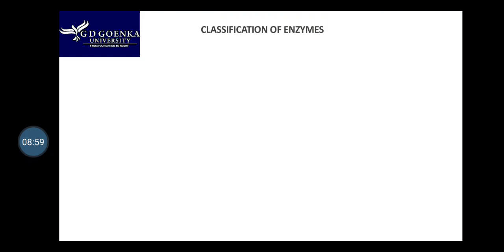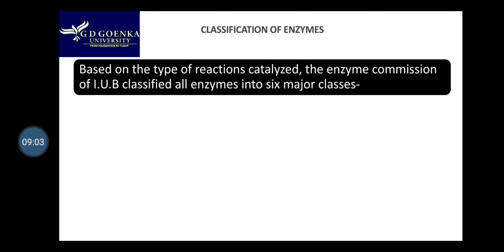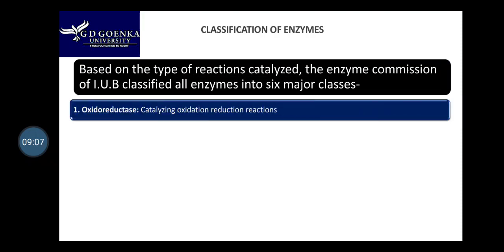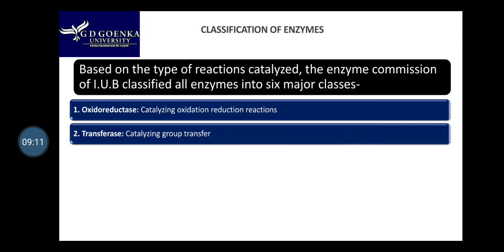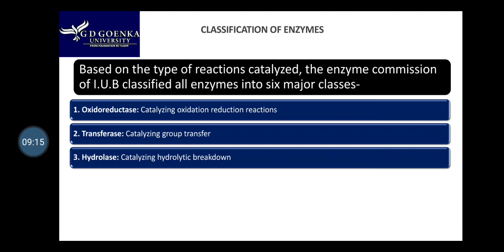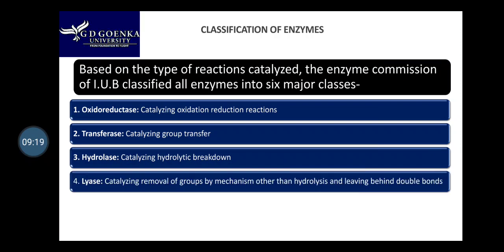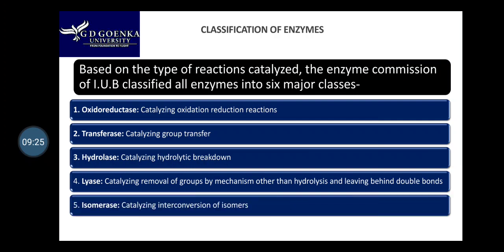Let's talk about the classification of enzymes in detail. The International Union of Biochemistry has classified enzymes into 6 major classes. Oxidoreductase, which means catalyzing oxidation reactions. Transferase, which means catalyzing group transfer. Hydrolase means catalyzing hydrolytic breakdown. Lyase, catalyzing removal of groups by mechanisms other than hydrolysis, leaving behind double bonds.